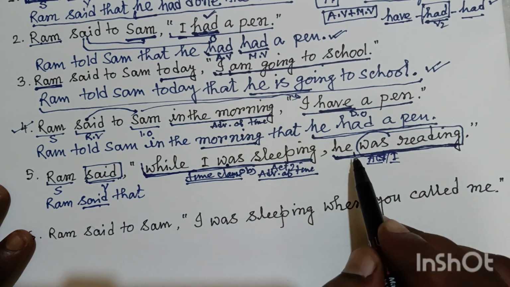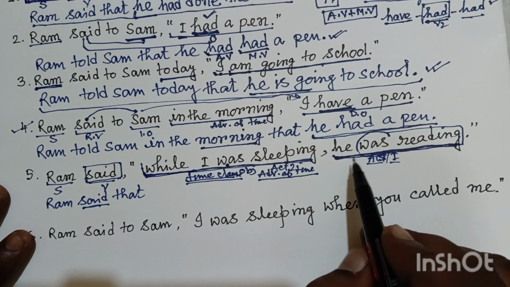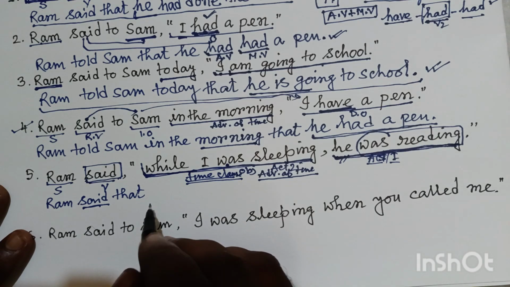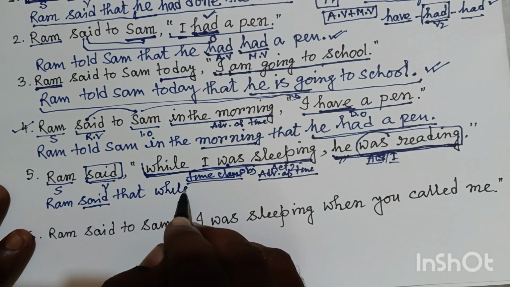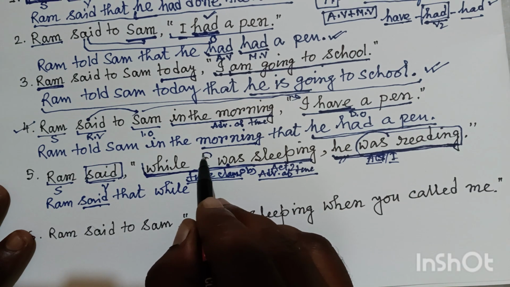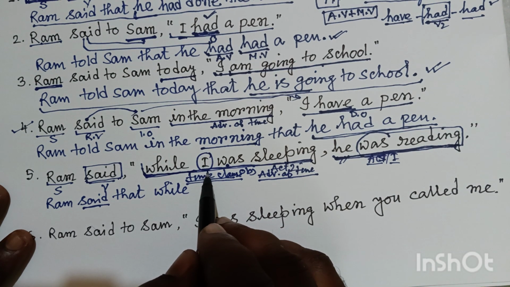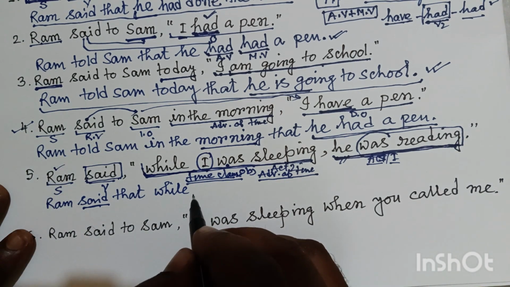So obviously we will not change the tense here, only we will change the pronouns. So let's look at this. We have to write down while also. Then the I is the subjective form. I is first person, so it will be changed according to Ram. So we wrote down he.